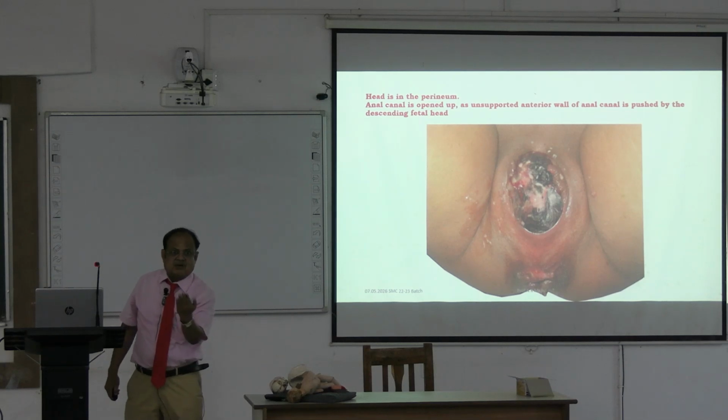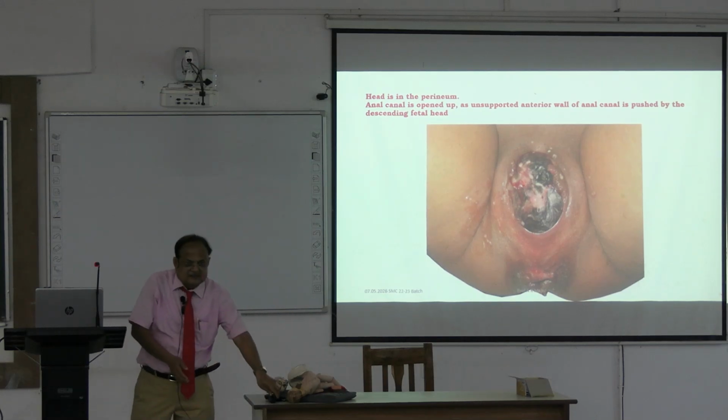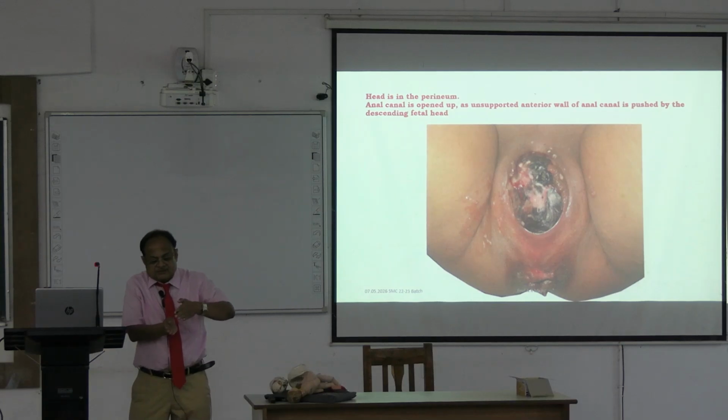Because the posterior wall of the anal canal is fixed to the coccyx, but the anterior wall is not fixed. So when the fetus passes through, the posterior wall and anterior wall open like this. So the anal canal gapes.